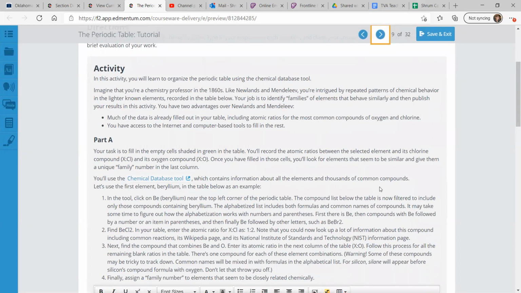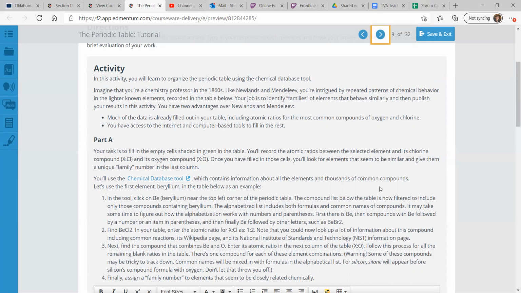So in this activity, you will learn to organize the periodic table using the chemical database tool. So we're going to imagine that we're chemistry professors in the 1860s, over 160 years ago. Like Newlands and Mendeleev, you're intrigued by repeated patterns of chemical behavior in the lighter known elements.